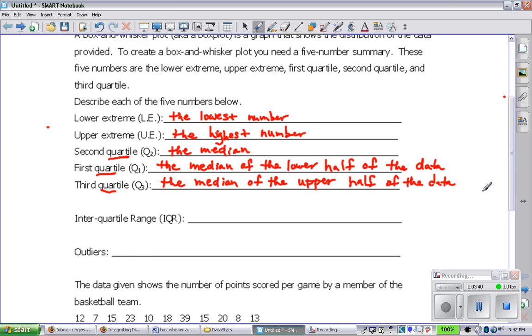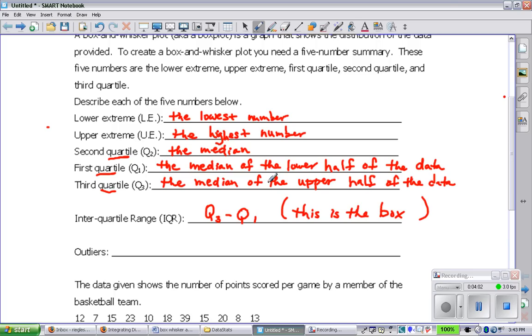And then we have what's called the interquartile range, and that's going to be the box. That's Q3 minus Q1. This is the box of your box and whisker plot. So it's the highest number of your box minus the lowest number of your box.